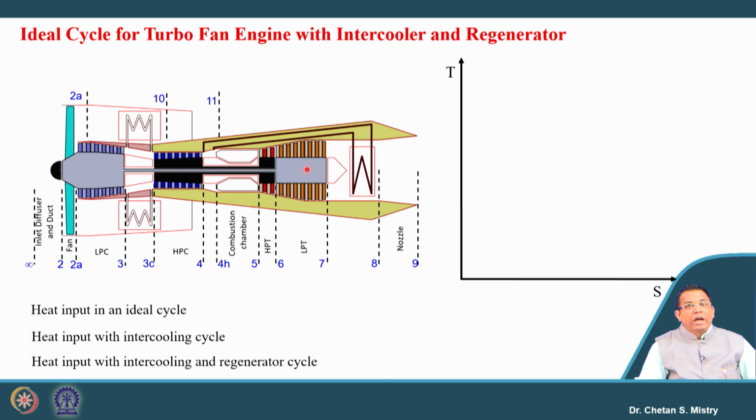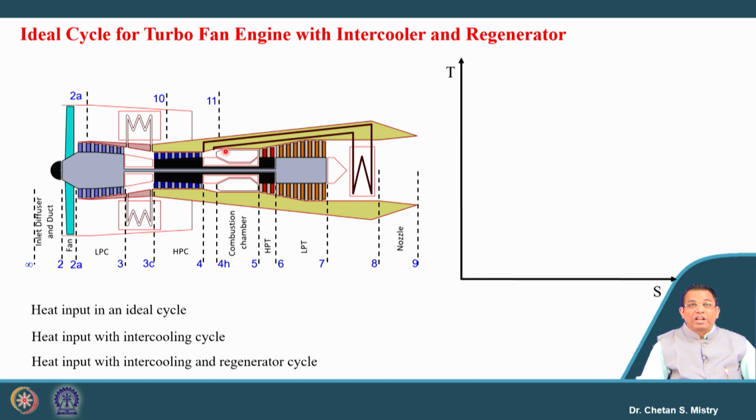The exhaust gas coming out from our LP turbine has higher enthalpy, higher temperature. If we pass it through the nozzle, we achieve an amount of expansion work. But if we use it for heating the air coming out from the HP compressor, that will be raising the temperature of HP compressor air. Now if we supply that air into the combustion chamber, we will have another story.